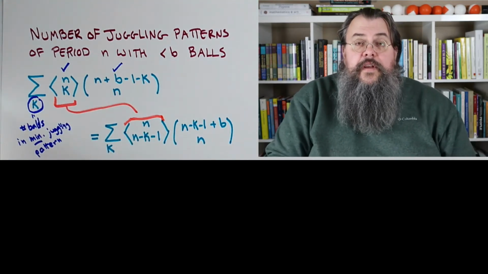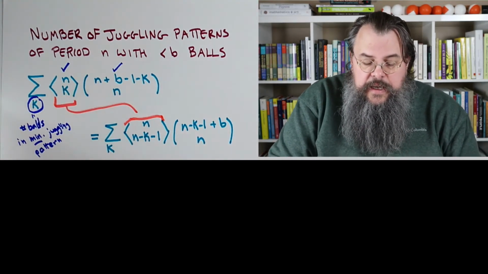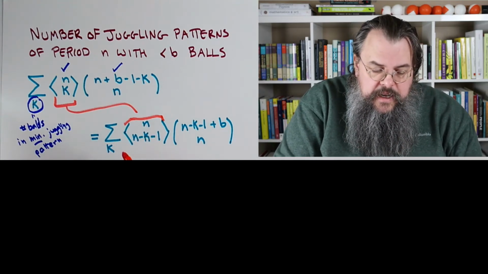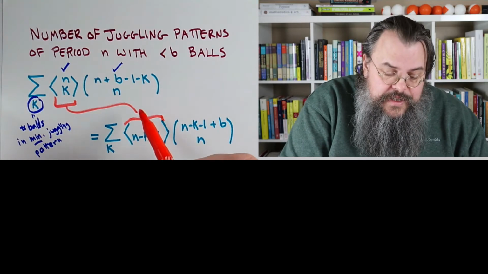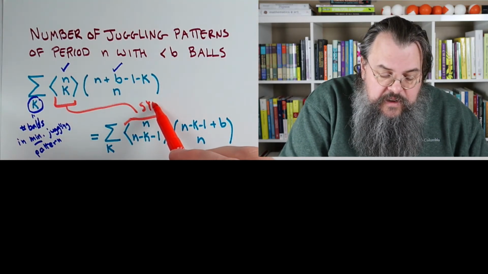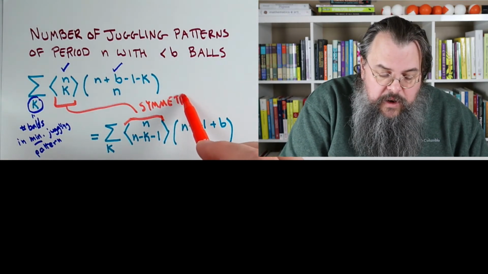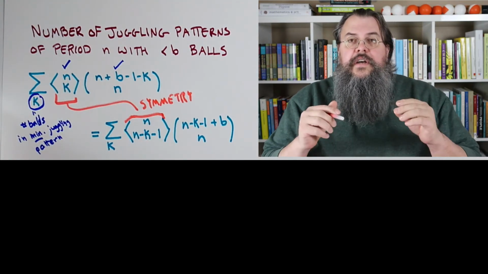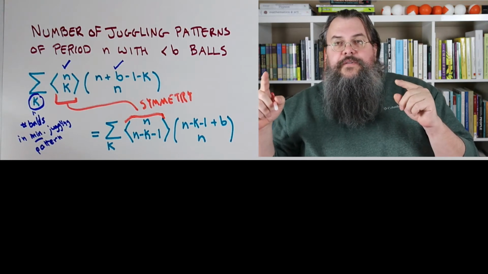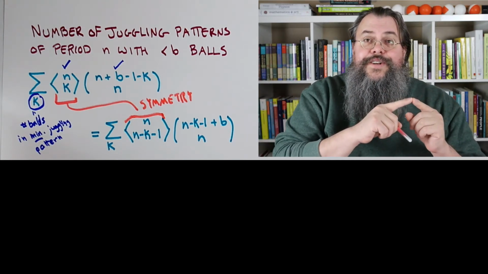You'll notice it started with N, K and became N, N minus K minus 1. Well, why? Well, the answer is symmetry. So this is the symmetry of the Eulerian numbers that says, if you read it one direction on the row, it's the same as if you read it the other direction.